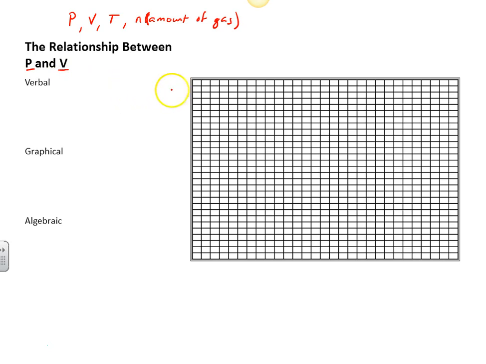Okay, our first relationship, though, is going to be between pressure and volume. When we look at the relationship between pressure and volume, we find that if we have pressure in, let's say, atmospheres versus volume in, let's go with liters, we would have a relationship that would resemble this.